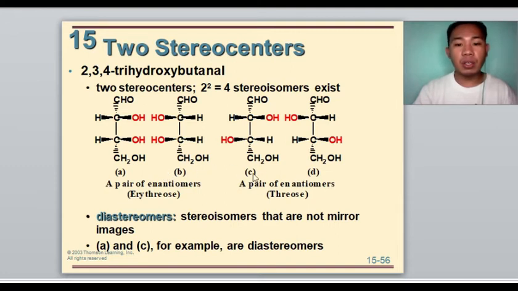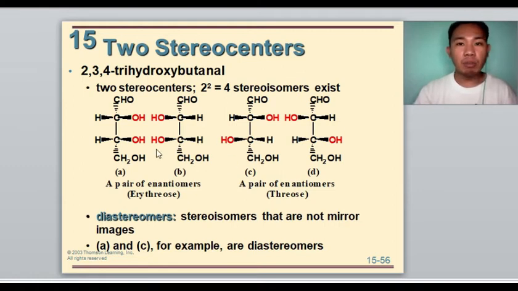Stereoisomers C and D are also non-superposable mirror images and are a second pair of enantiomers. We describe the 4 stereoisomers of 2,3,4-trihydroxybutanal by saying that they consist of 2 pairs of enantiomers.